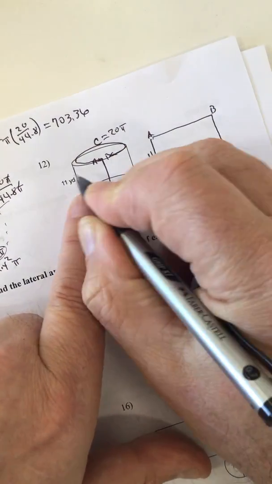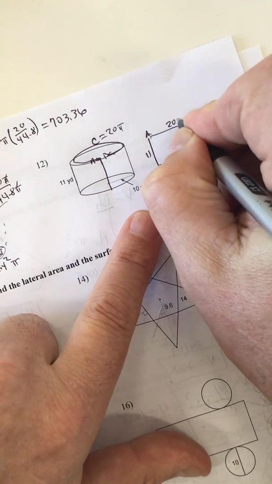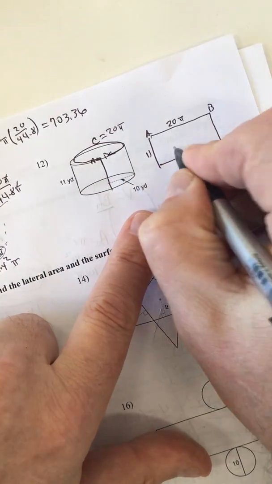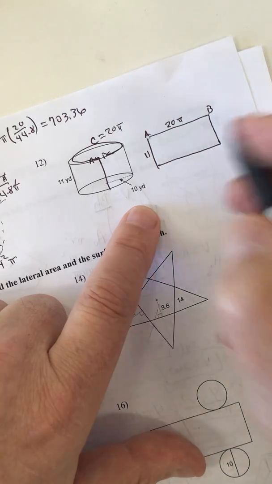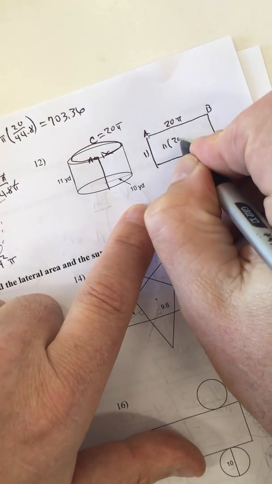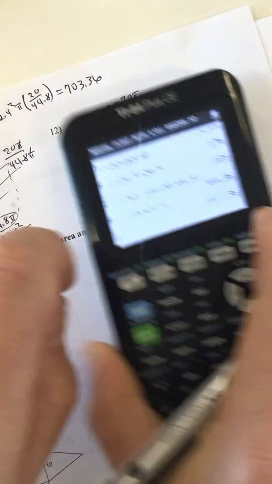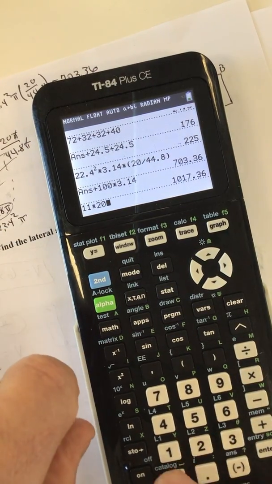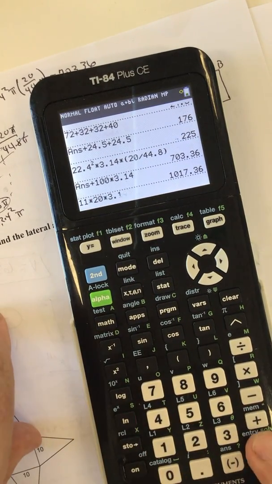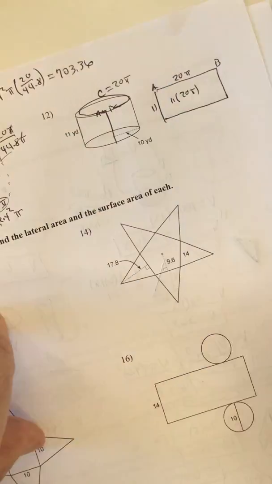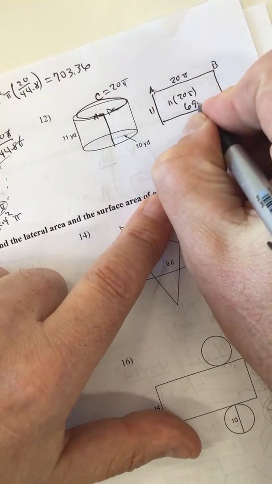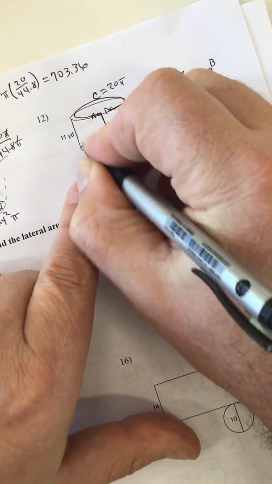Since the radius is 10, the diameter is 20, so this is 20 pi long. So the area of the middle is 11 times 20 pi, which is 690.8. So this piece is 690.8, which is the middle.